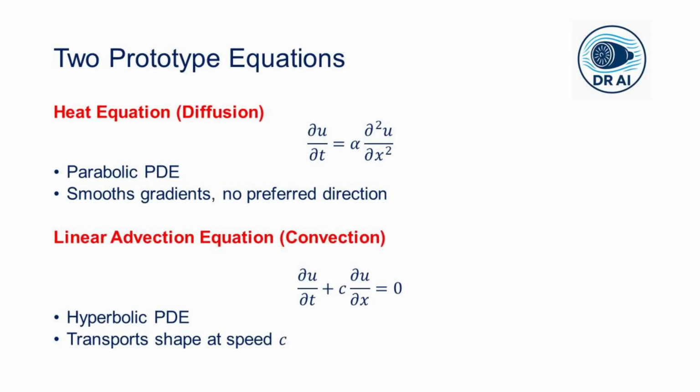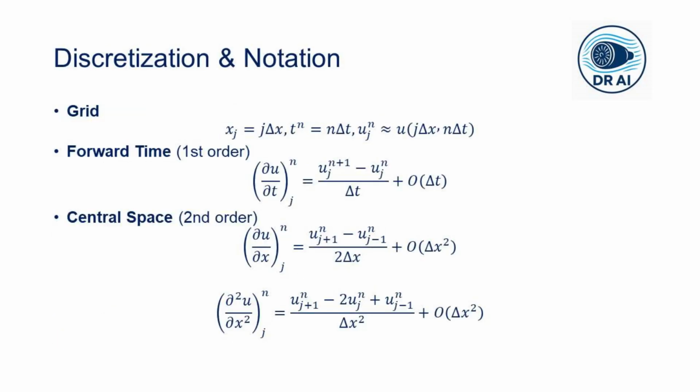This is actually a parabolic partial differential equation, and it describes the transport of a shape without change. Think of a river carrying a leaf downstream. In real fluids, we have both effects together in the Navier-Stokes equation. By studying FTCS on these two simplified equations, we learn how to handle each effect numerically.